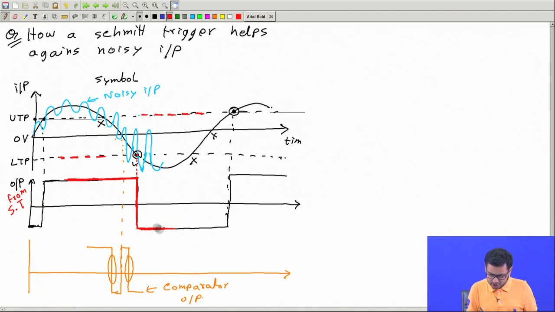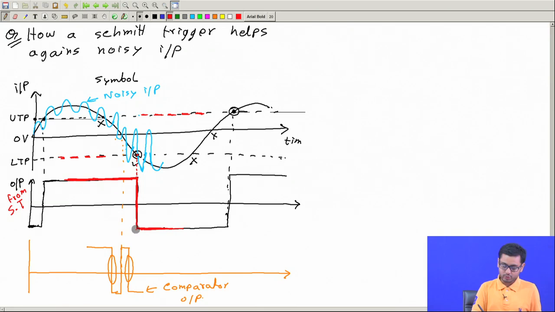Similarly, consider this region. The output is positive, so the active comparison is between the lower trigger point and the input. Even if the input is oscillating around the upper trigger point or the 0 value, the output is not going to change. So the output only changes once here.